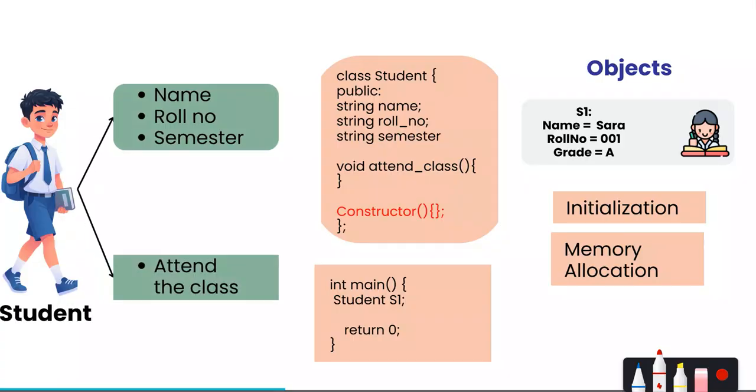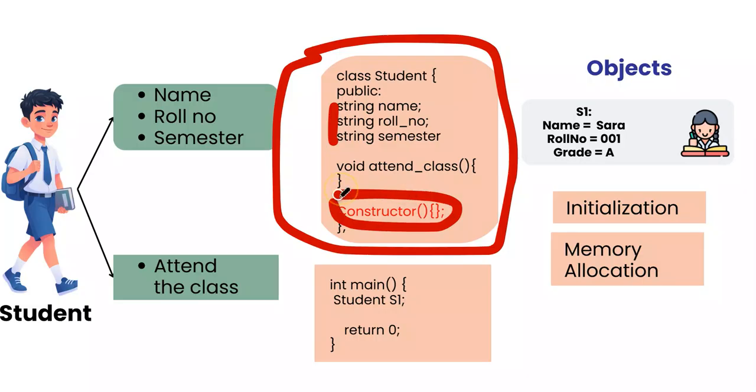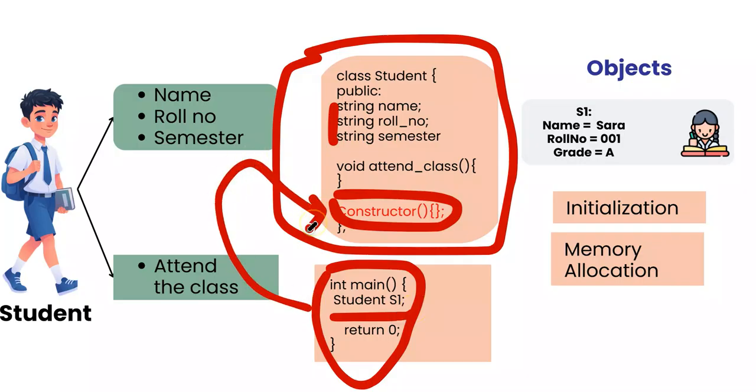So for that reason we use the constructor, and in that program you can see that I have written one program for some data members, and for those data members I'm using a constructor. Constructor means that as the object is created, it will automatically call the constructor first, and when the constructor is called, we can use that to initialize all these data members, and that will avoid the dummy data which we observed in our earlier program.